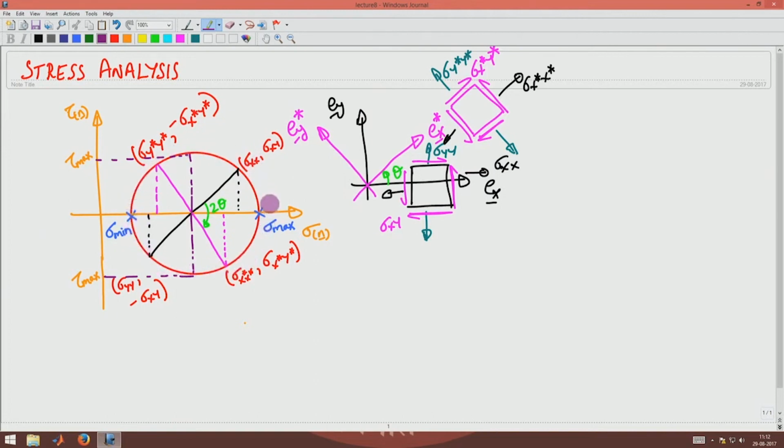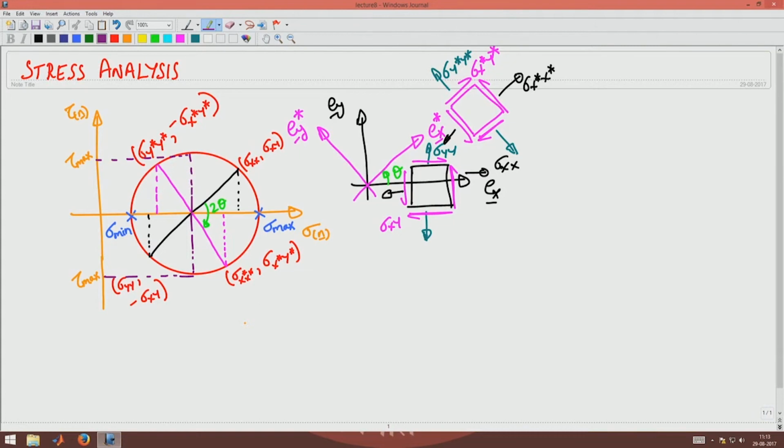If you complete the circle, the extremum normal stresses where the shear stresses are 0, the principal stresses, are sigma max and sigma min. Similarly, the extremum shear stress would be tau max, which is the shear stress at the center of the circle, and that will be equal to the radius of the circle.